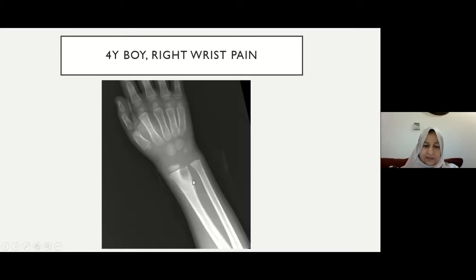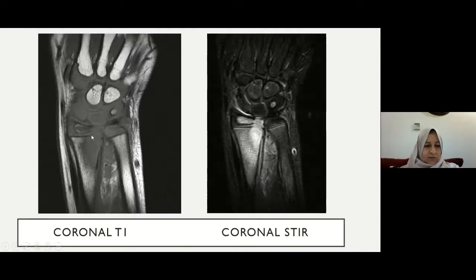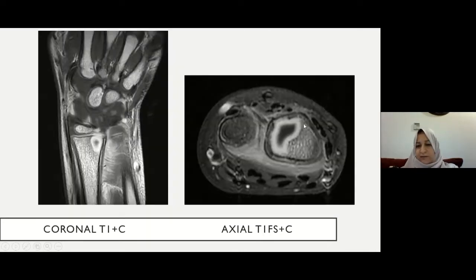Next case, a 4-year-old boy has this lytic lesion, metaphyseal, resting on the physis with a rim of sclerosis and some periosteal reaction. T1 showing hypointensity of the lesion, high signal on STIR, and in post-contrast coronal and axial fat-set, you can see this typical appearance of the subacute, which is called the penumbra sign. Central fluid collection surrounded by a zone of enhancing granulation tissue before the sclerotic margin.